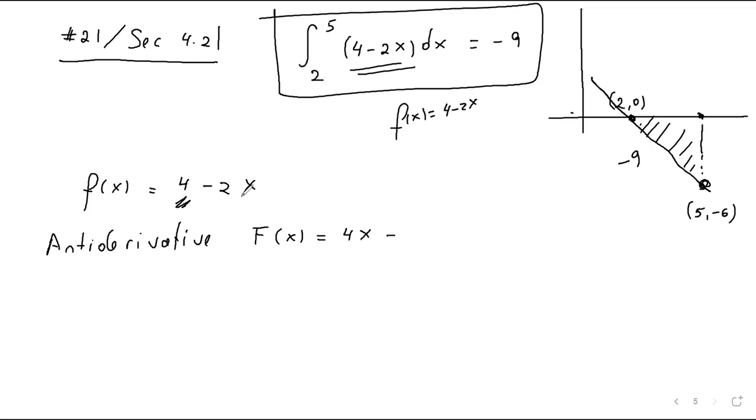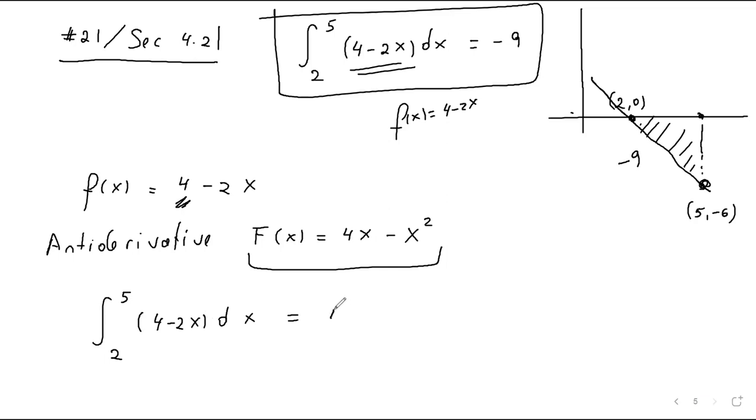And the antiderivative of 2x is x squared, so minus x squared. So this is going to be the antiderivative. What I need to do to calculate the integral from 2 to 5 of 4 minus 2x dx is to evaluate this antiderivative at 5 and then at 2 and subtract the result.